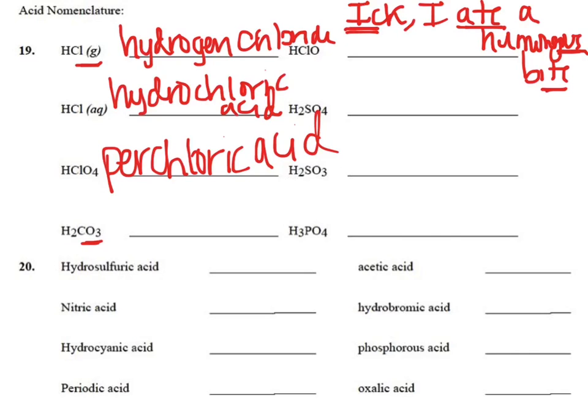CO3 was carbonate, and now it becomes carbonic acid. SO4 was sulfate, and it becomes sulfuric acid.